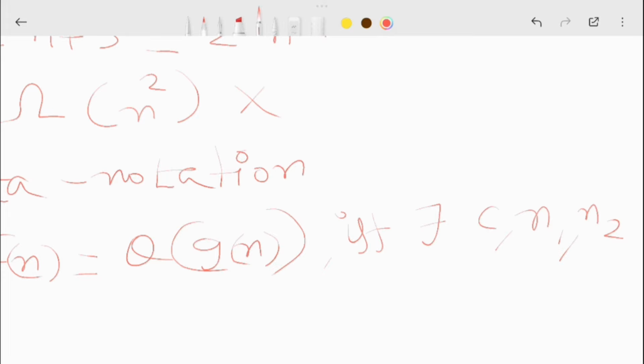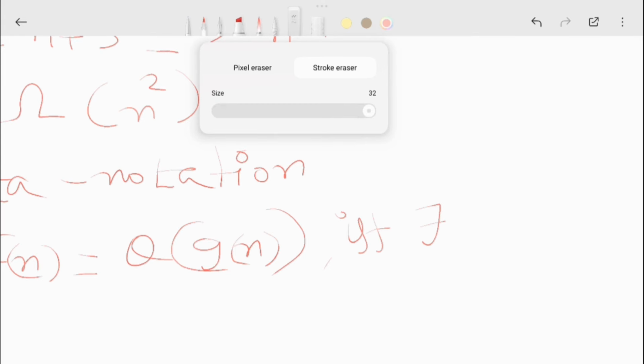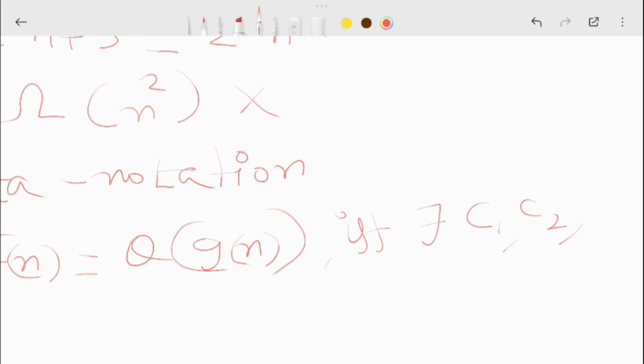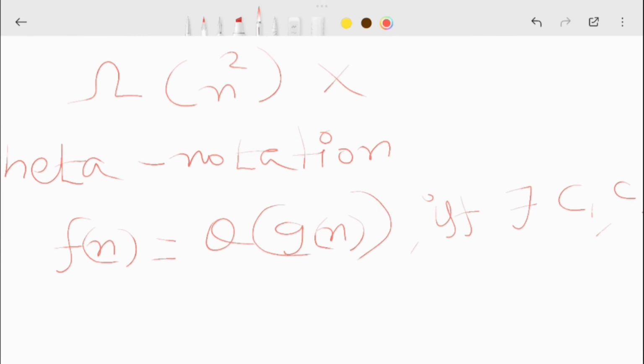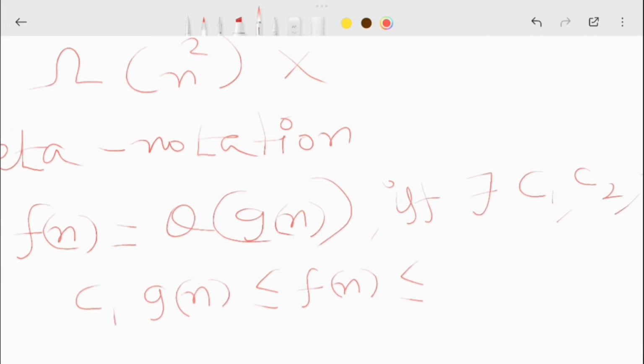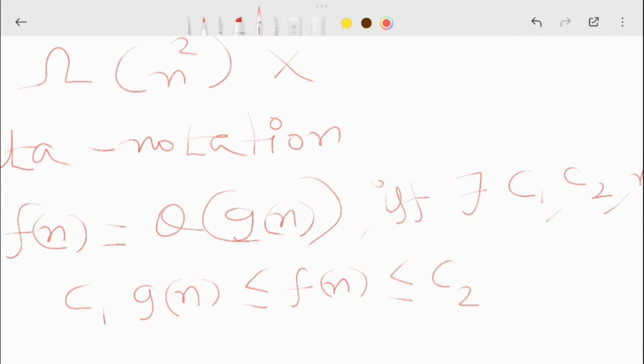So it's actually c1, c2 and n0, where c1 dot g of n should be less than or equal to f of n, and this f of n should be less than or equal to c2 dot g of n.